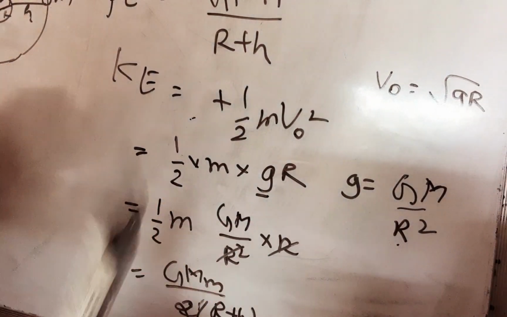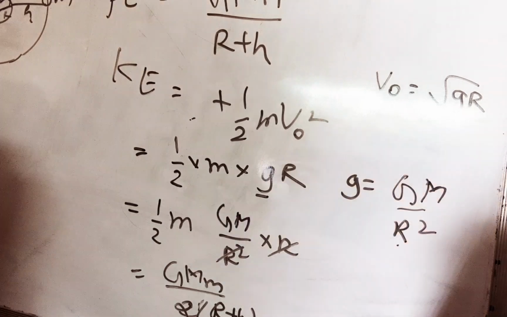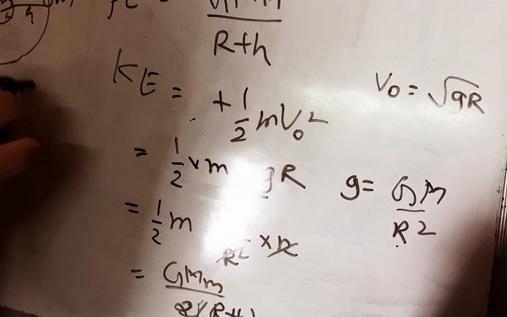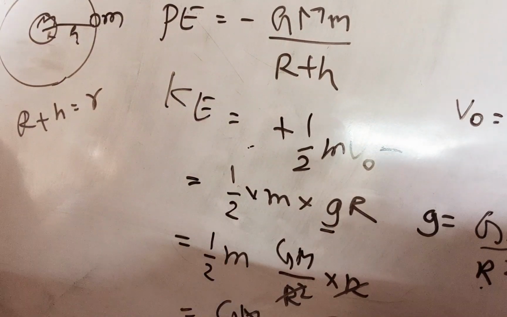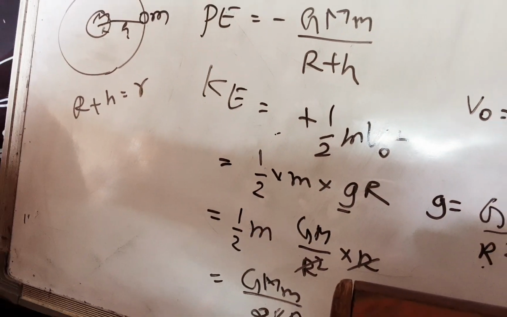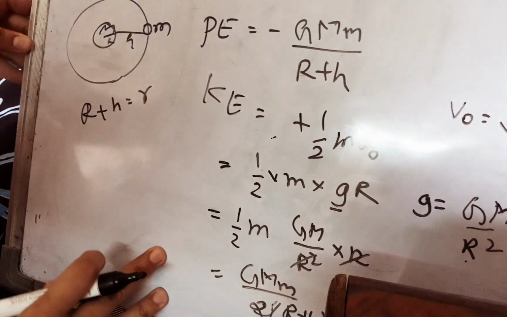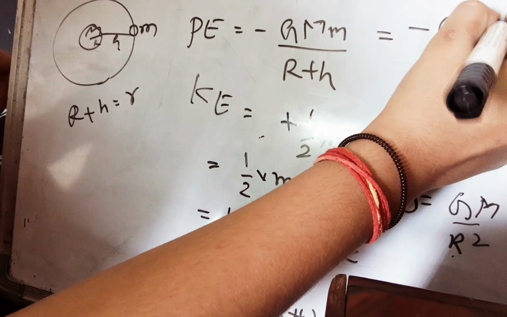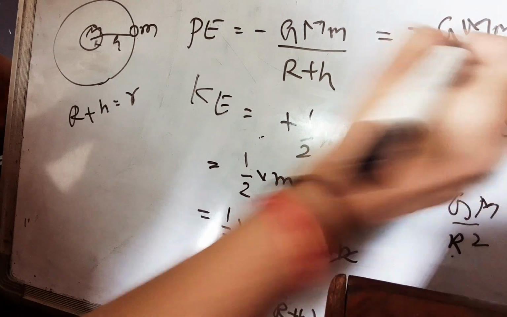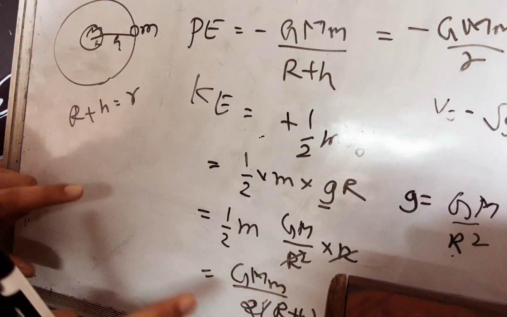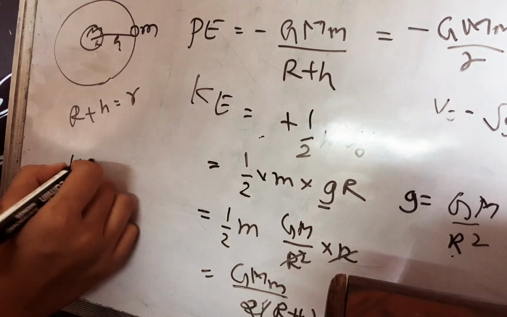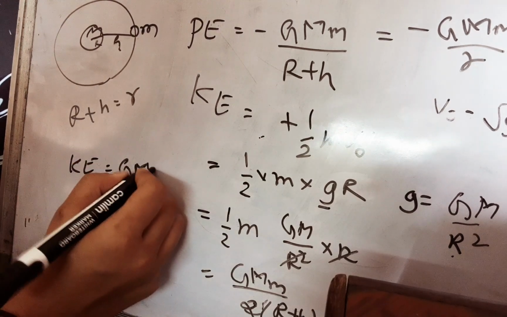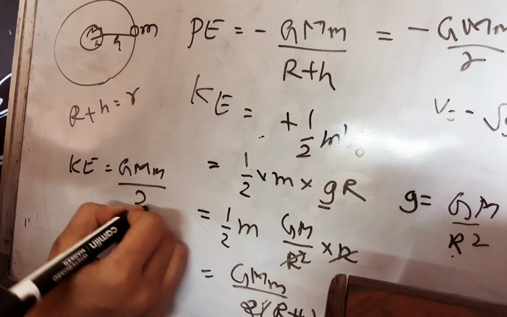Instead of writing R plus h again and again, I am considering R plus h is equal to small r. So here I can write minus GMm upon small r for potential energy, and for kinetic energy also I can write GMm upon 2r.